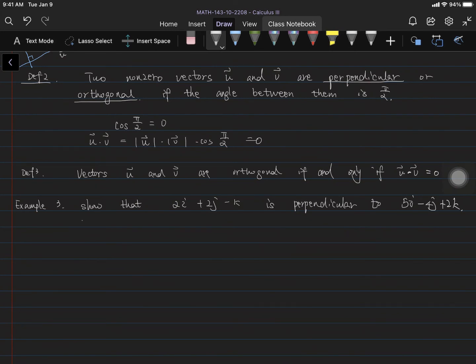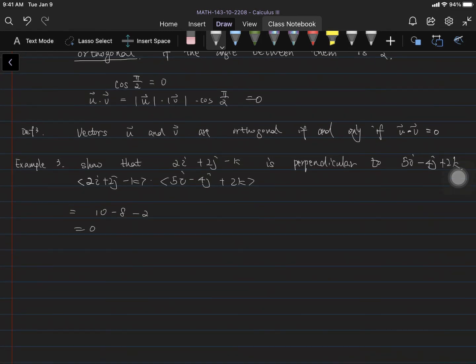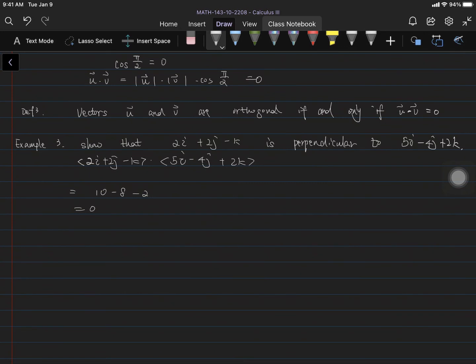We do the dot product of 2i plus 2j minus k with 5i minus 4j plus 2k. The dot product equals 10 minus 8 minus 2, which is 0. So they are perpendicular. So we can say yes.